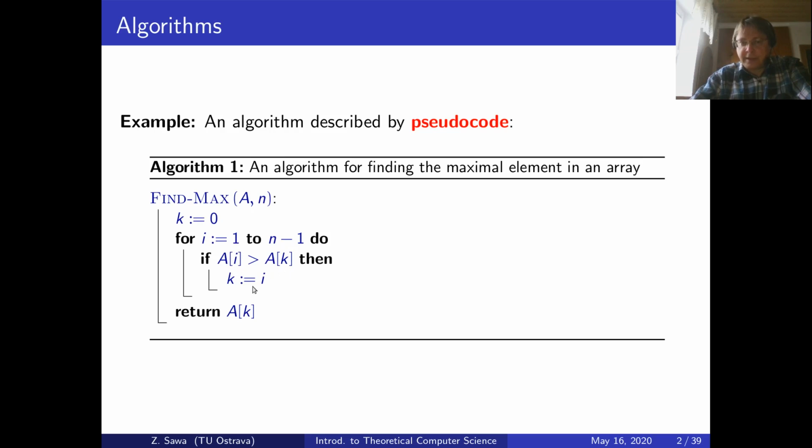If that is the case, we assign i as the new value of k. At the end we return the element at position k in the array. I suppose this kind of description of algorithms is quite clear.